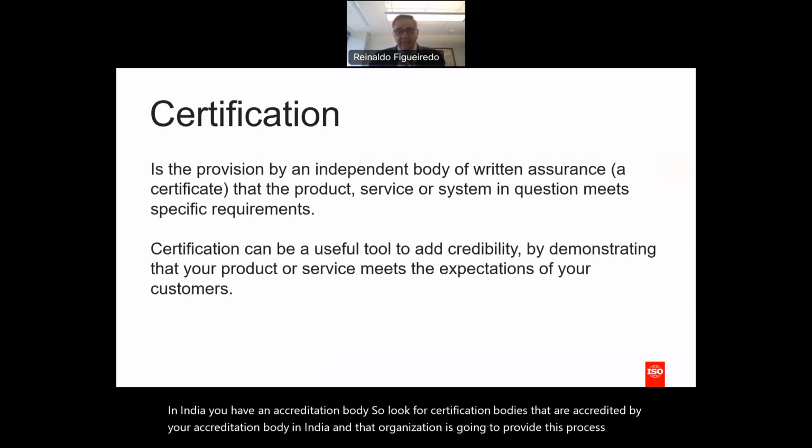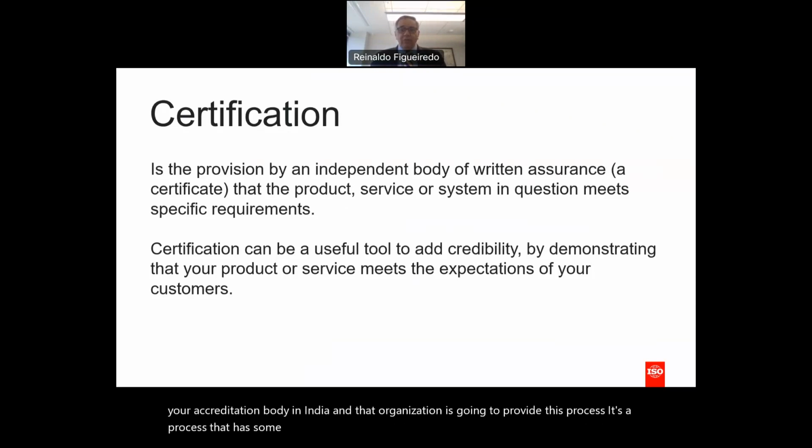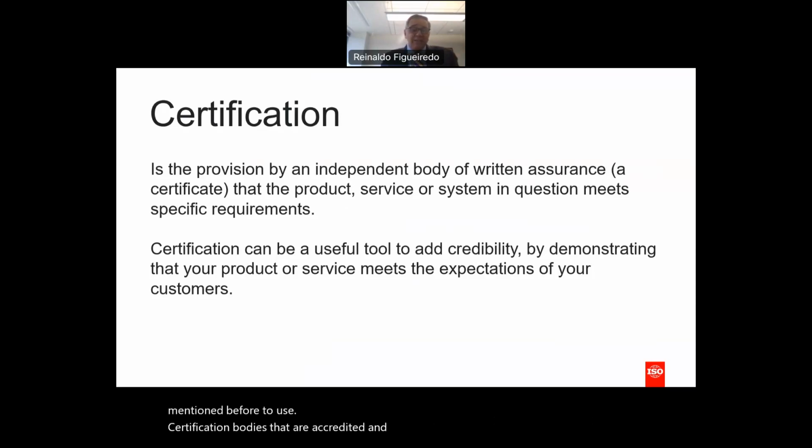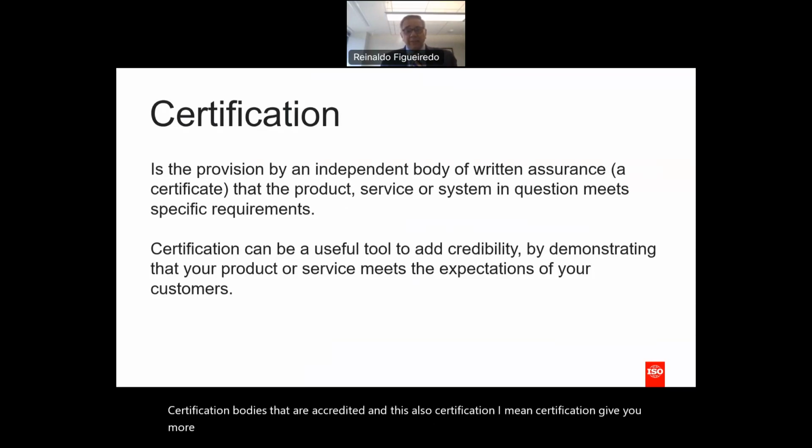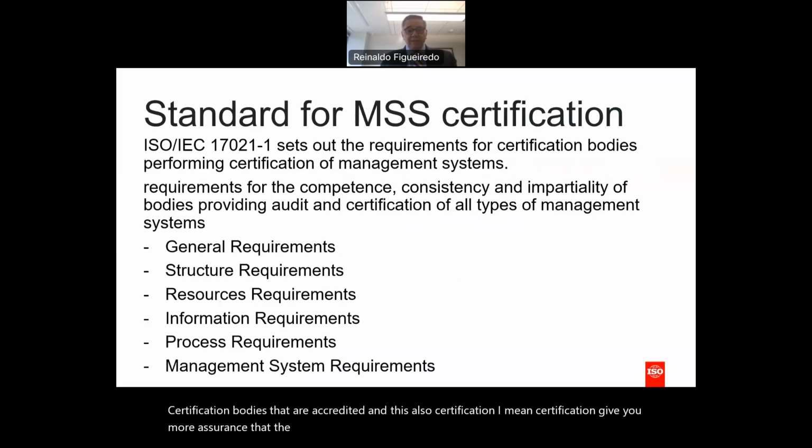It's a process that has some steps that the company needs to go through, but the key point, as I mentioned before, is to use certification bodies that are accredited. And this certification also gives you more assurance that the processes are in place.